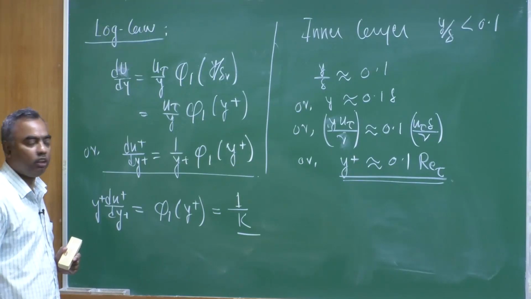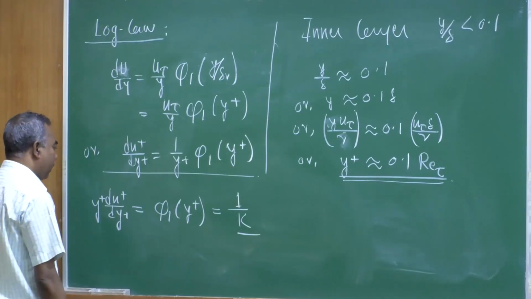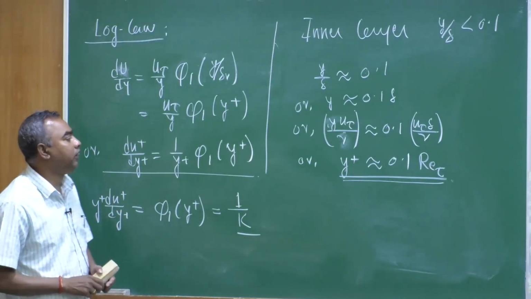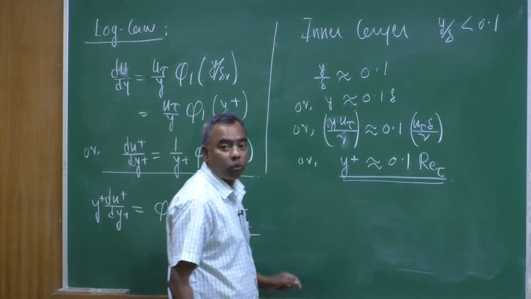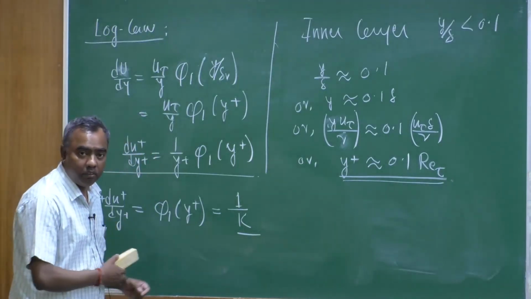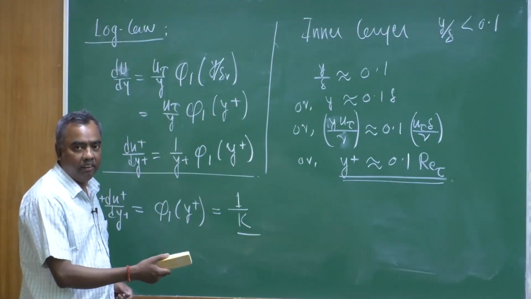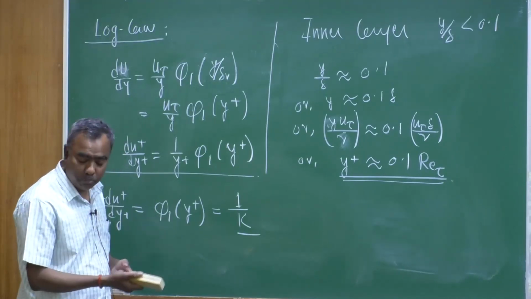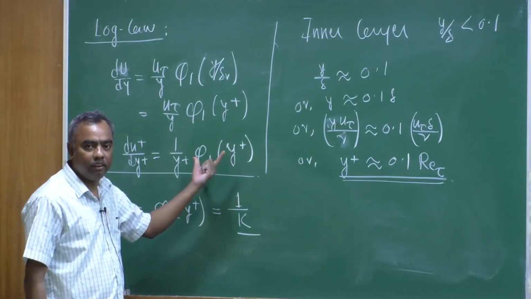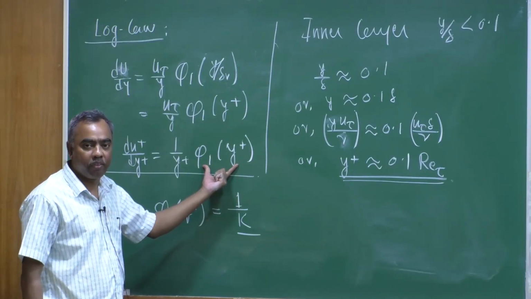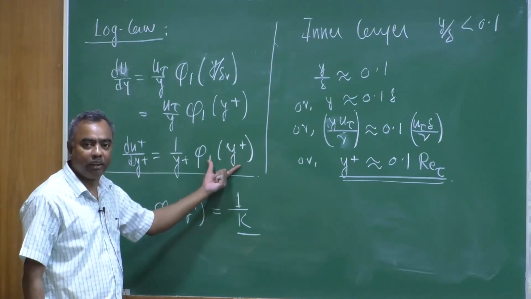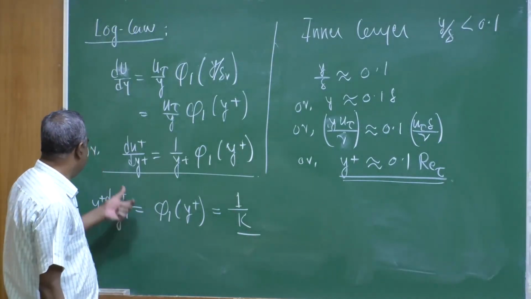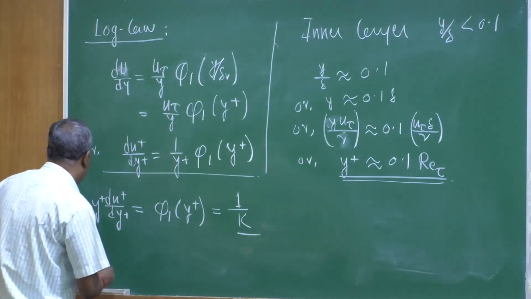Its value is 0.41. At the outer part, when y plus is high, the viscous force is negligible and the function becomes independent of y plus, so it is constant and can be replaced with 1 by kappa.